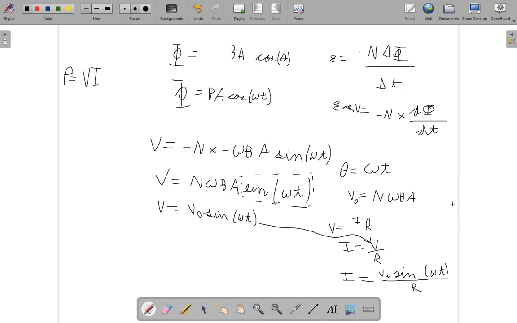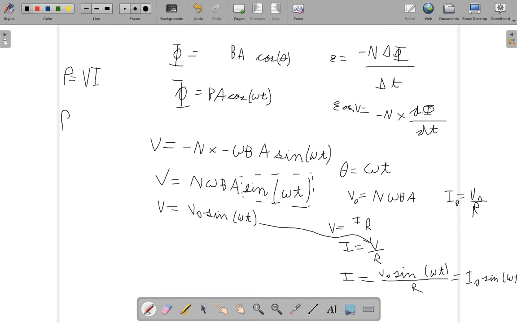Using the same logic, we can take the maximum current, because once again it's when our sine term is equal to 1, to be maximum voltage over resistance. And we can make this equal to maximum current times sine of angular frequency times time.